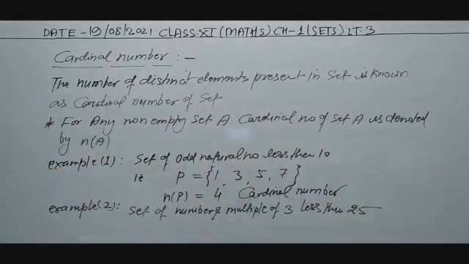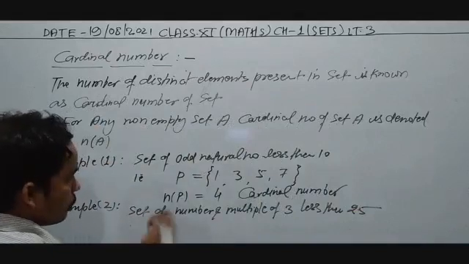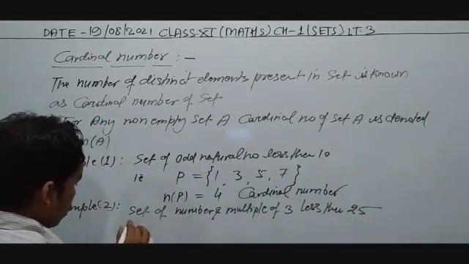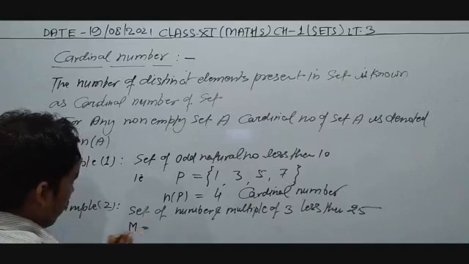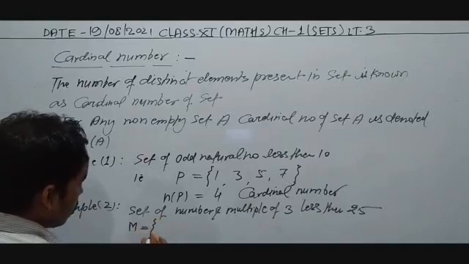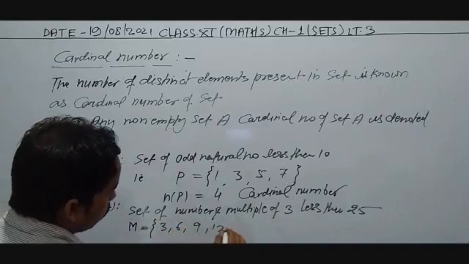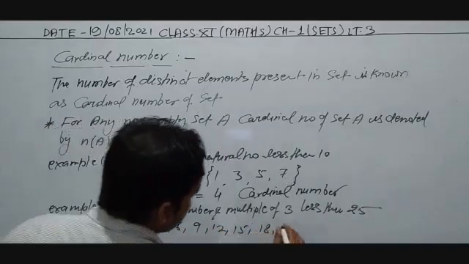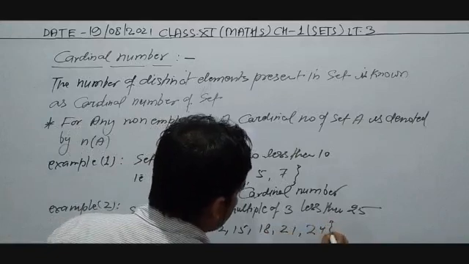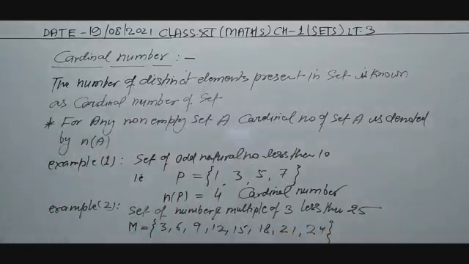Now its set will be, suppose M, multiples of 3 less than 25: 3, 6, 9, 12, 15, 18, 21, 24. This is the set of multiples of 3 less than 25.